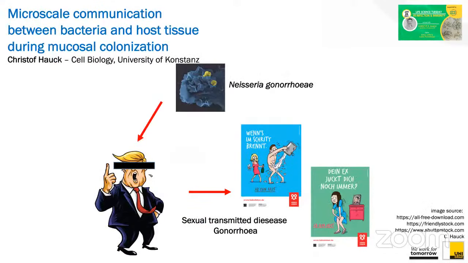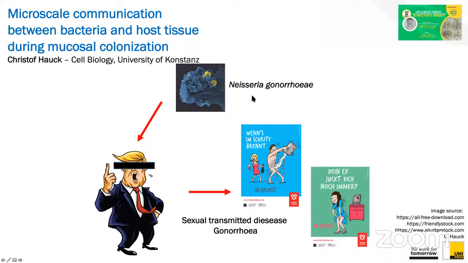And this brings me finally to our invited speaker, Christoph Haag, who is currently a professor for cell biology at the Department of Biology at the University of Constance in Germany. Christoph's research is interested in the crosstalk between microbes and mucosal surfaces, especially how mucosal surfaces are protected from colonization by bacterial pathogens.